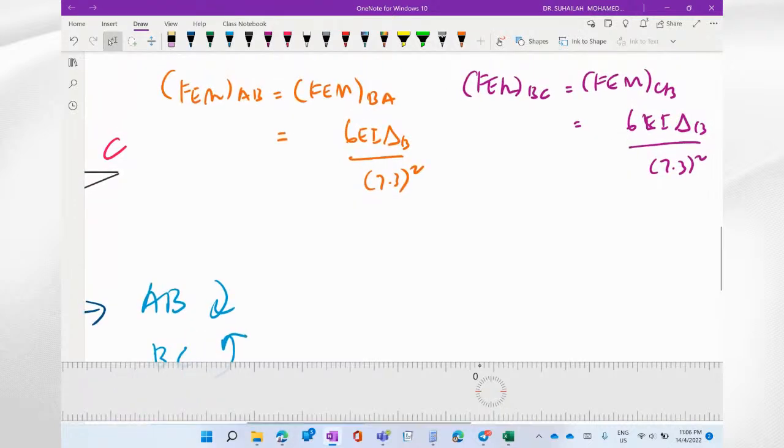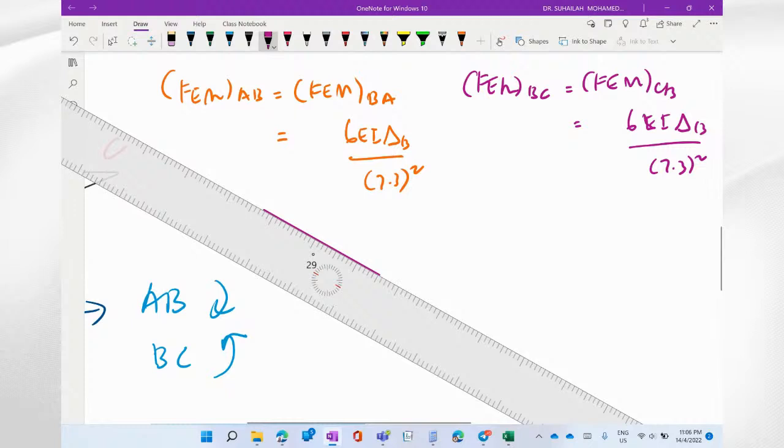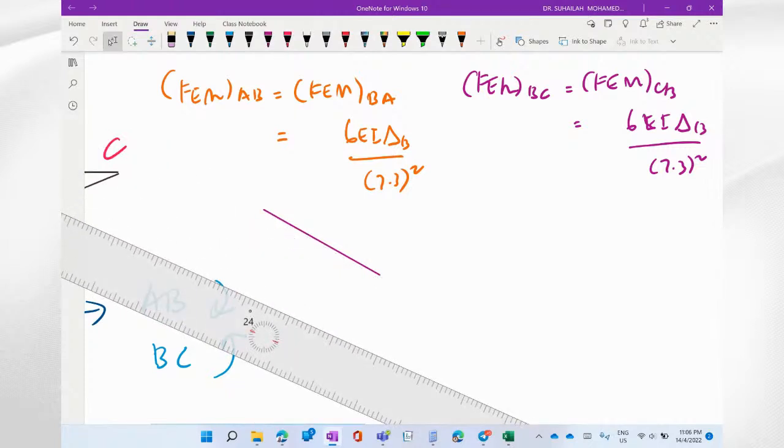For AB, it is like this. To be able to straighten back, to move back to its original position, we apply moment like this. And the moment is negative. So we put negative here.